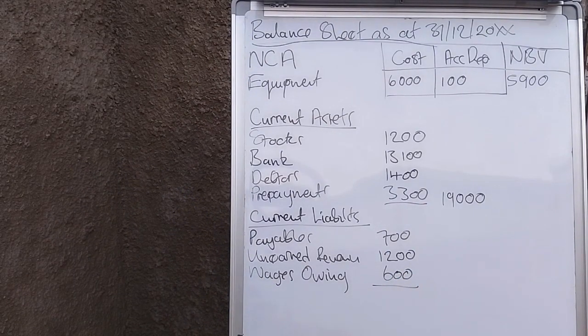Now we have to add the total of our current liabilities and deduct those from current assets to obtain working capital. Okay, so the total will be 700 plus 1,200 plus 600.